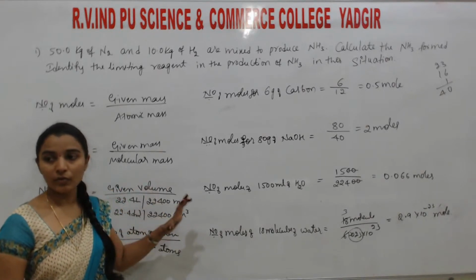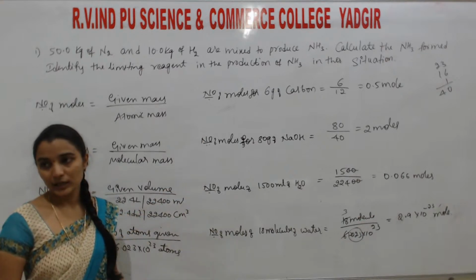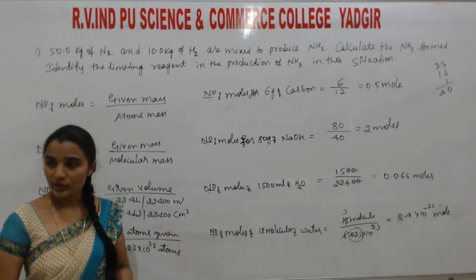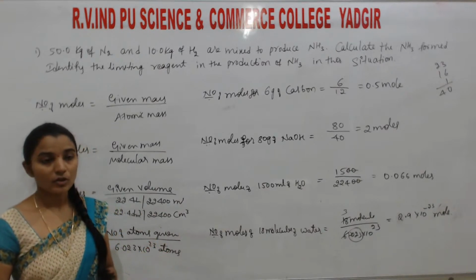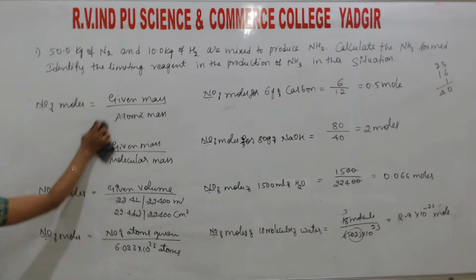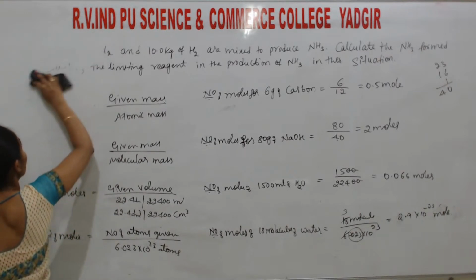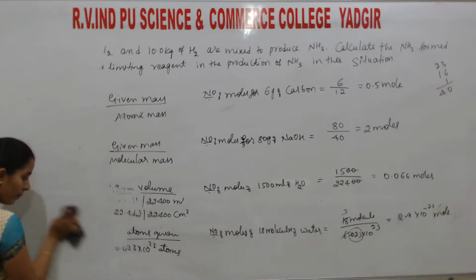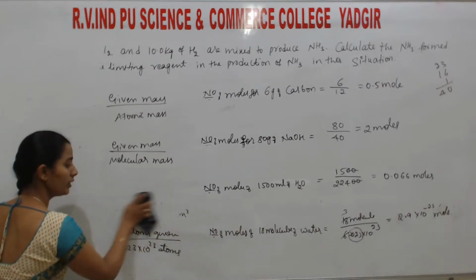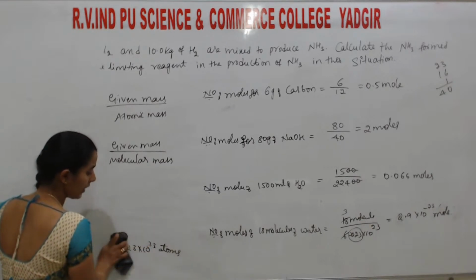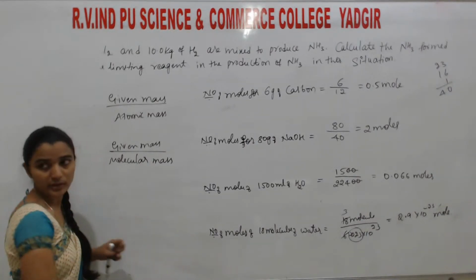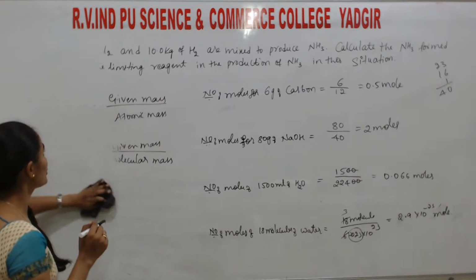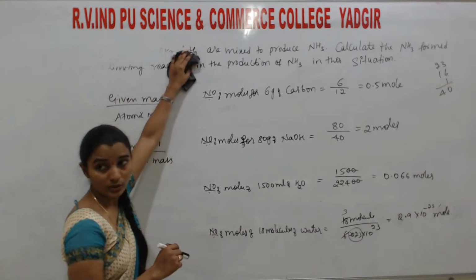If number of moles we know, then we can easily calculate the product formula, excess reagent, limiting reagent, everything. Understand? So this is all about the limiting reagent and the mole concept. So students, why I explained this topic is very, very important for theory as well as NEET or any competitive exams. Okay? Understood?